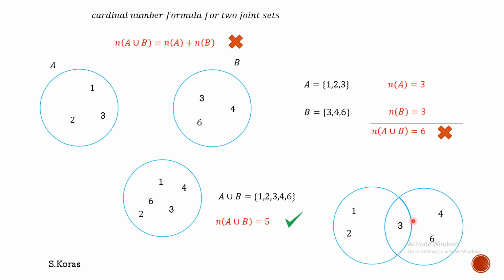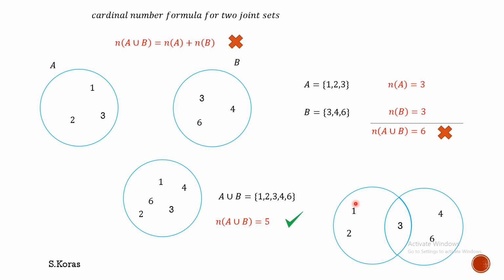So, now it is our duty to find a formula for n of A union B for the sets A and B which are joint. How to do it? We have one formula, that is n of A union B is equal to n of A plus n of B. It is good and it works for two disjoint sets.